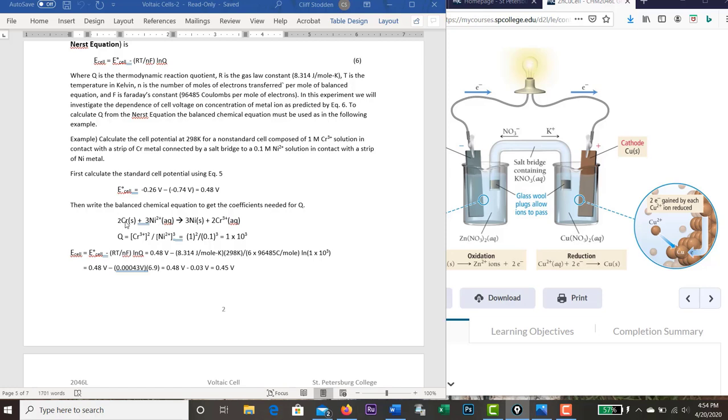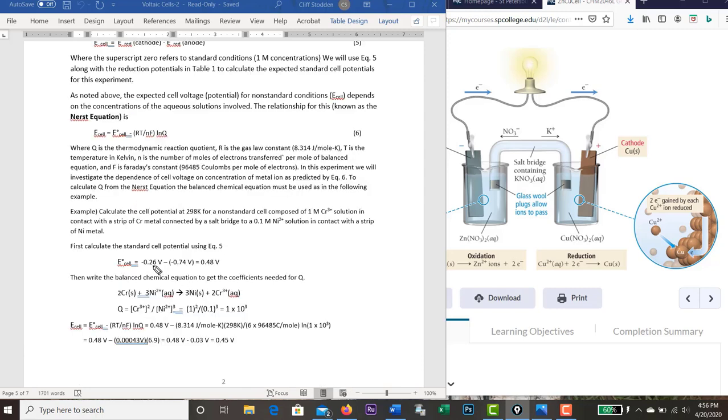So if you have solid chromium reacting with nickel ion to produce solid nickel and chromium ion, then if you have them in the correct order, you do get a positive voltage. And in all these, if the cell's going to be spontaneous, it has to give you a positive voltage, and you get 0.48 here. So that's the standard for that example.